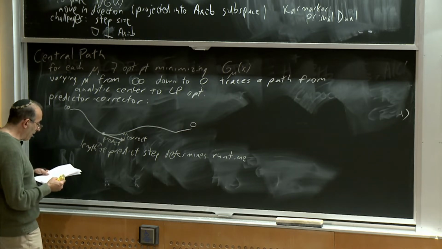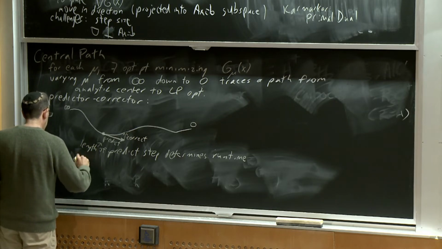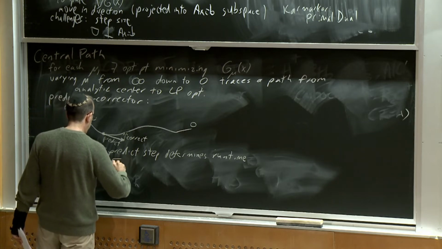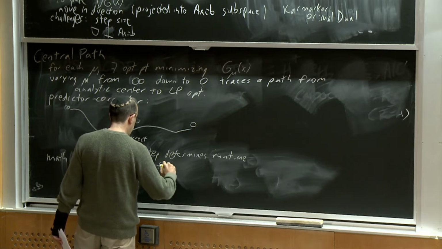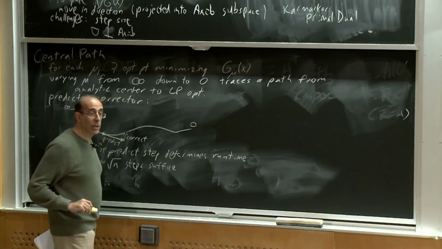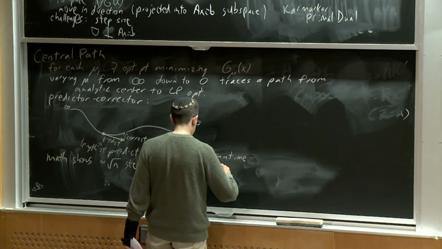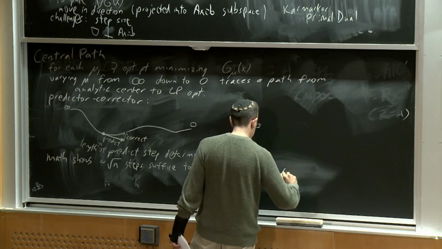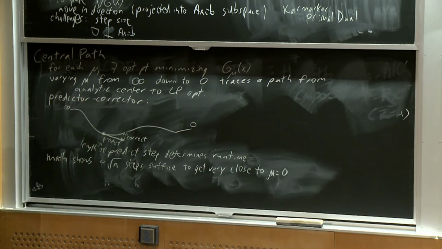Okay? After a lot of math, you can show that about square root of n steps suffice to let you get very close to 0. And what does very close mean? Well, it means very close in the same sense as we talked about with the ellipsoid, right?